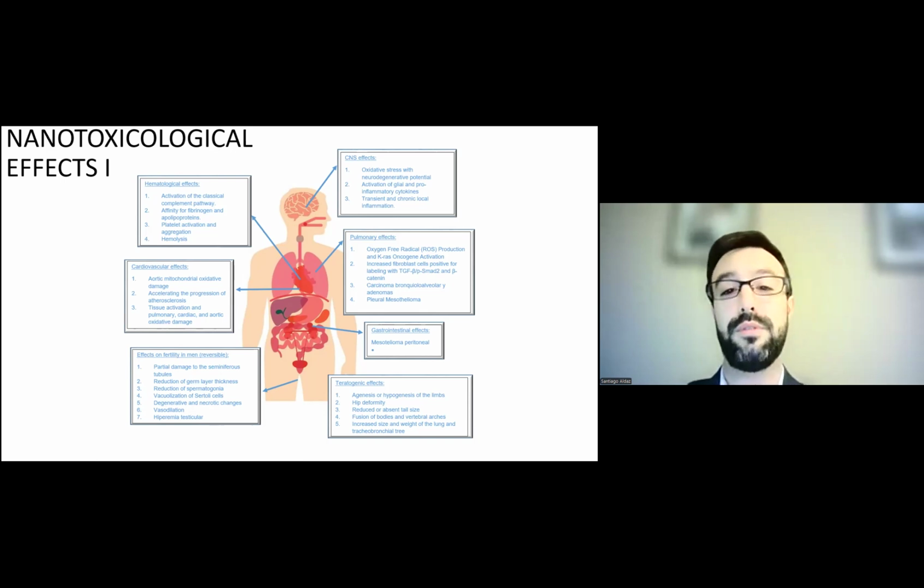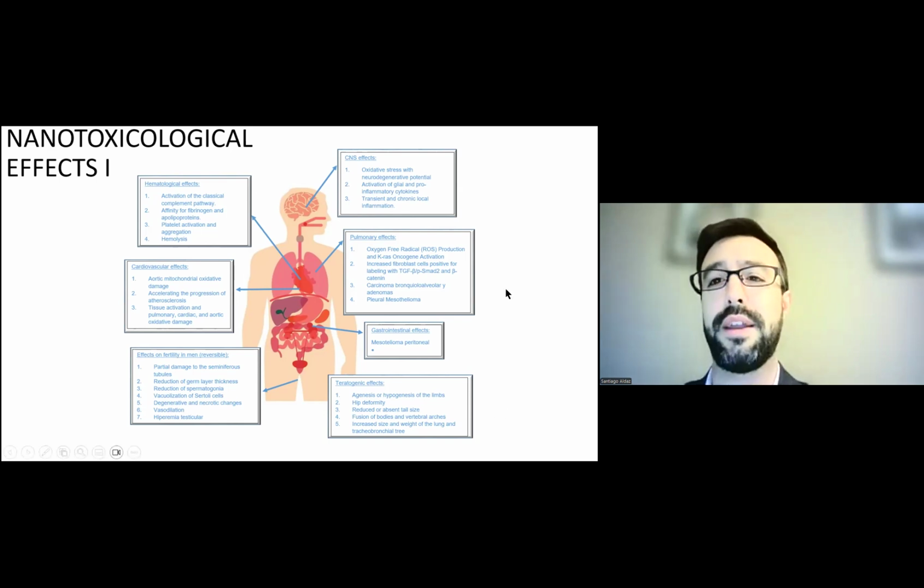You can also find effects on fertility in male murines, which are reversible at last: partial damage to the seminiferous tubules, reduction of the germ layer thickness and spermatogonia, vacuolization of Sertoli cells, degenerative and necrotic changes, vasodilatation and testicular hyperemia, which is inflammation of the testicles.